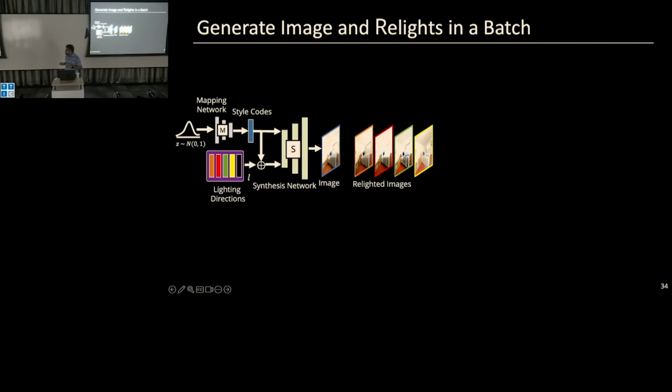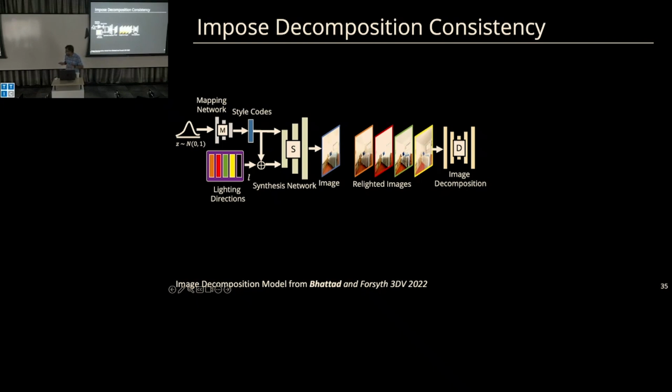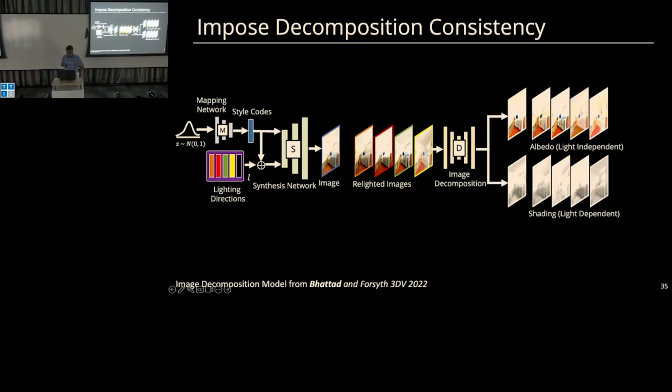The way we ensure these are relit images is using a pre-trained off-the-shelf image decomposition model, which decomposes images into two things: a light-dependent component, which is the shading, and a light-independent component that I described earlier, which is albedo. Now what we want from relit images is that the light-independent component should remain the same because it should not change as lighting changes.